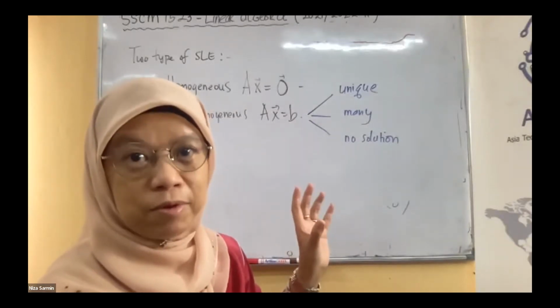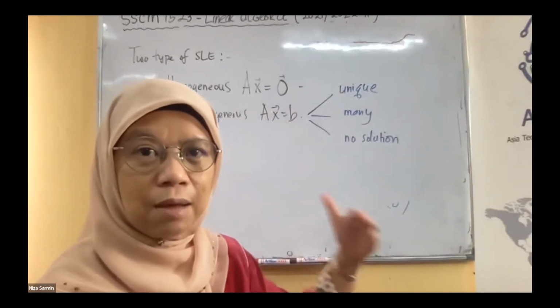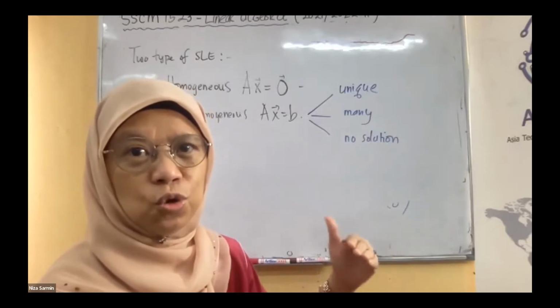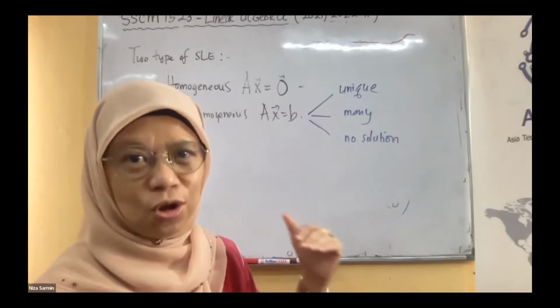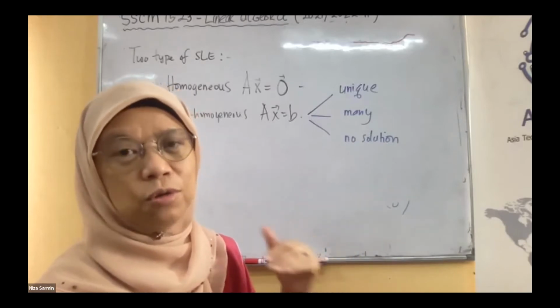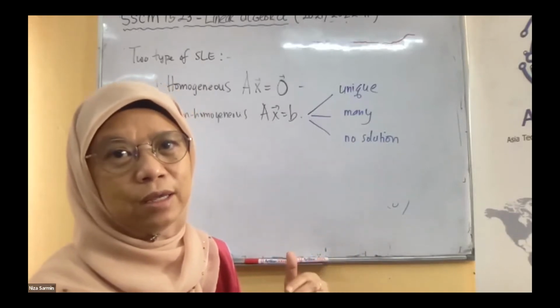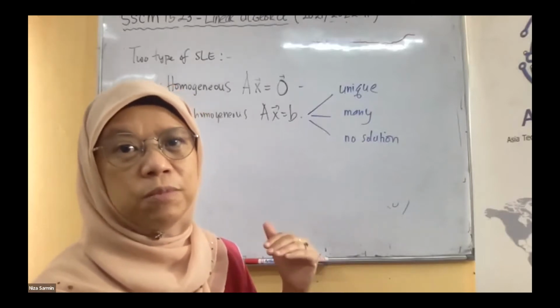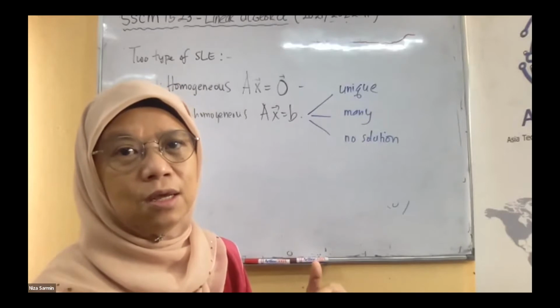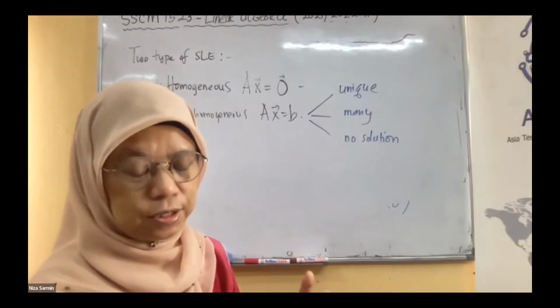Remember from chapter 1, the rank is the number of non-zero rows of the row echelon or row reduced echelon matrix. That is the rank. We can determine whether it has a solution or not from the rank of the coefficient matrix.